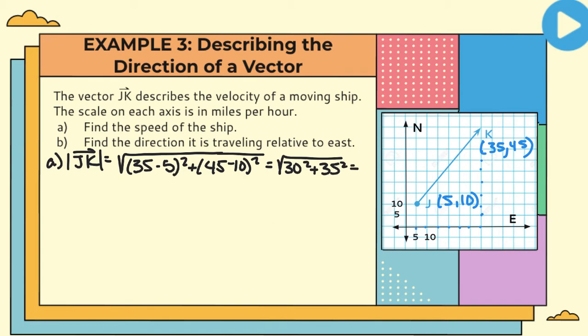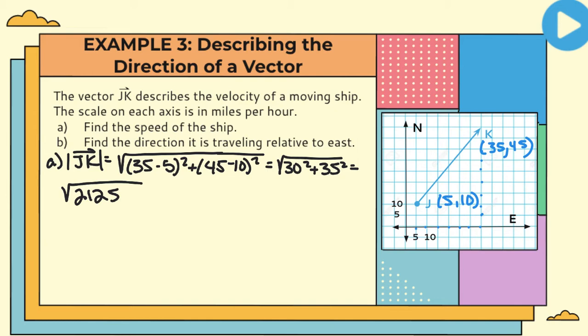Now we can put this in the calculator: 35 squared plus 30 squared, and that is 2,125.